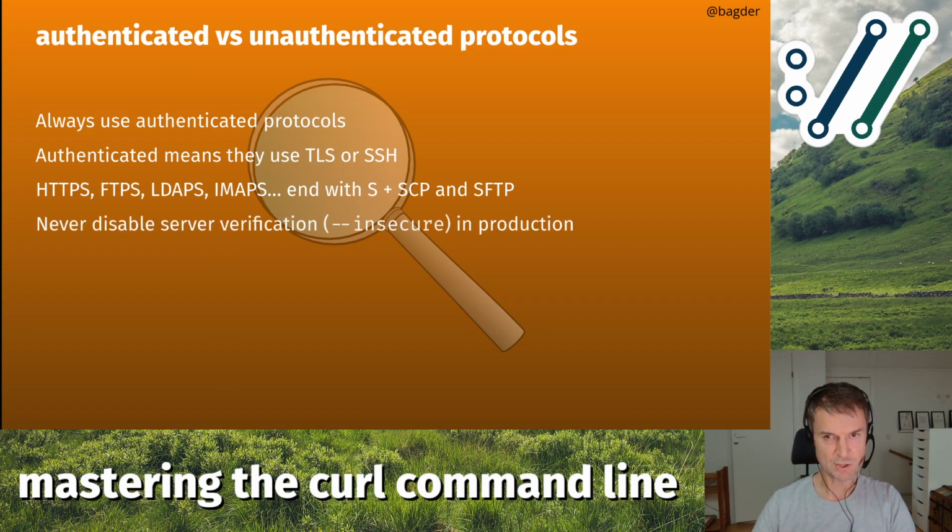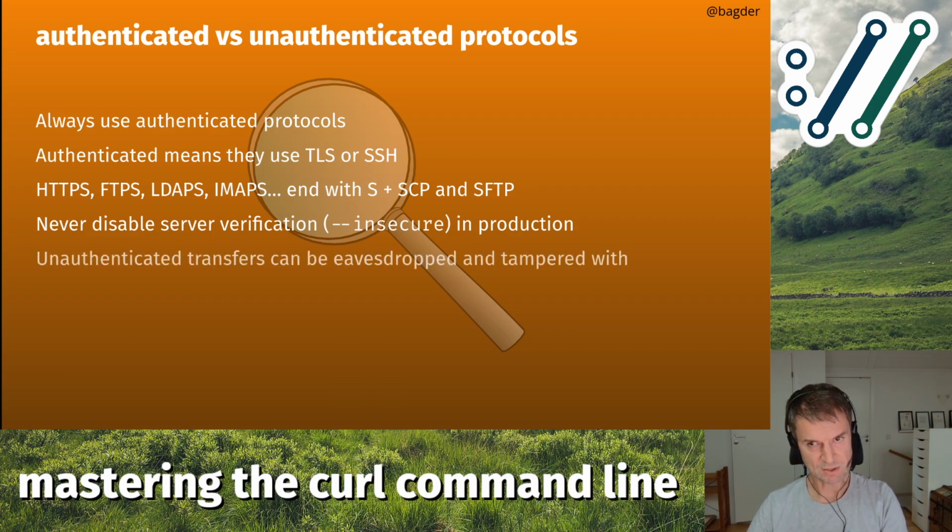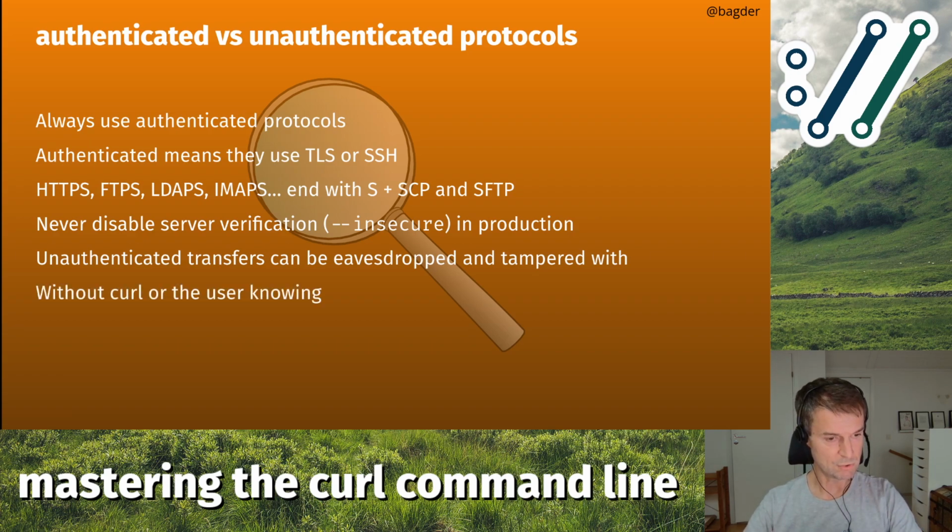And when you do that, of course, don't switch it off with the insecure option. curl provides this option that says, sure, go ahead, run it insecurely. But if you do it insecurely, yeah, that's insecure. Don't do that. It's -k in the shorter version, but we really strongly suggest you never do that, because if you use unauthenticated transfers, like HTTP without the S, it can be eavesdropped and it can be tampered with, and curl or the user using curl won't be able to tell when that is happening.